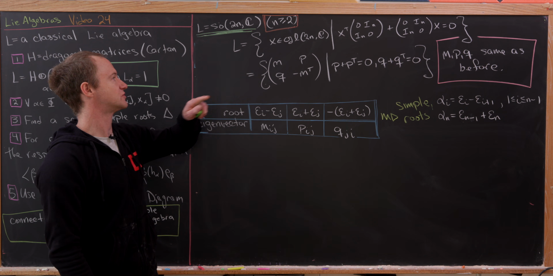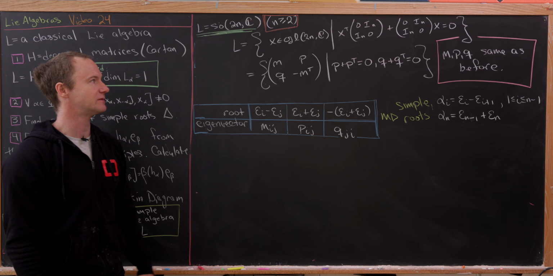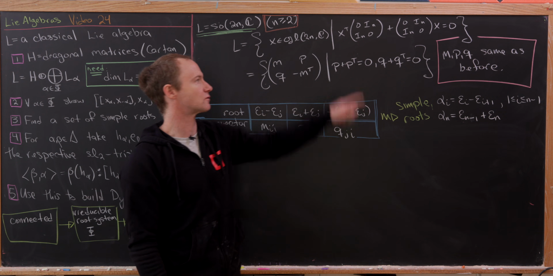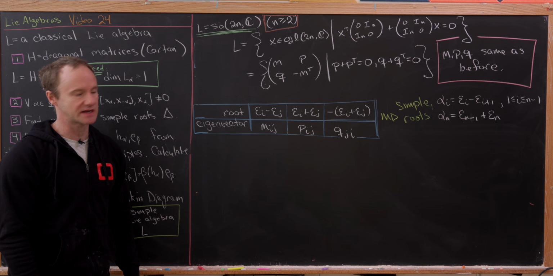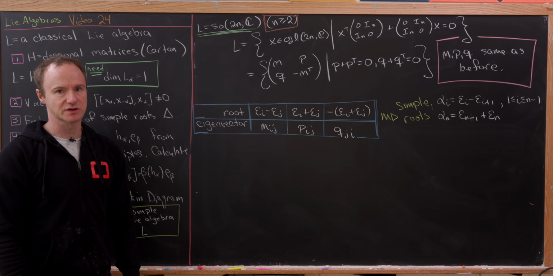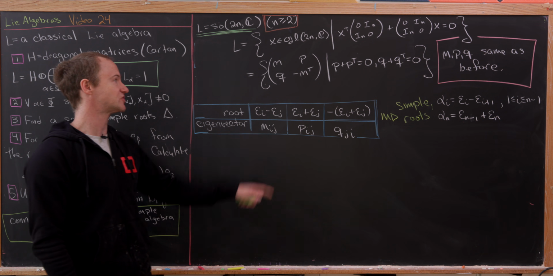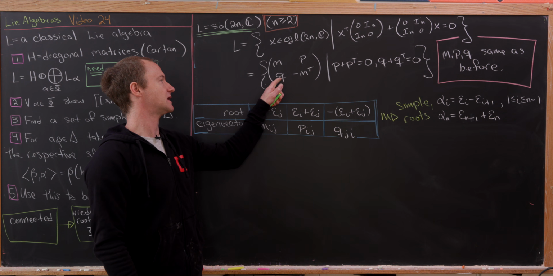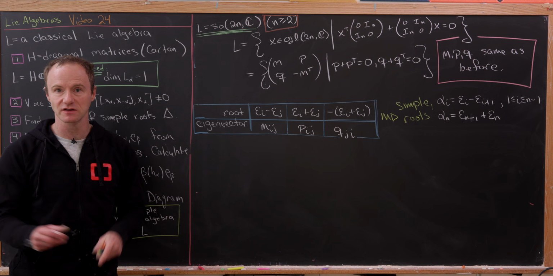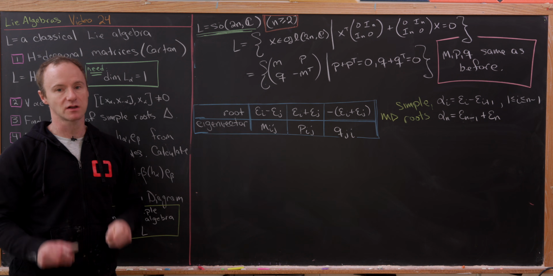Okay, so let's see the setup. If L is SO2n, then it's going to be 2n by 2n matrices satisfying this rule right here, pretty similar to the odd case rule. And then observe that we can build a standard form for the matrix like this. So we have M, P, Q, minus M transpose. That looks very close to being the same.